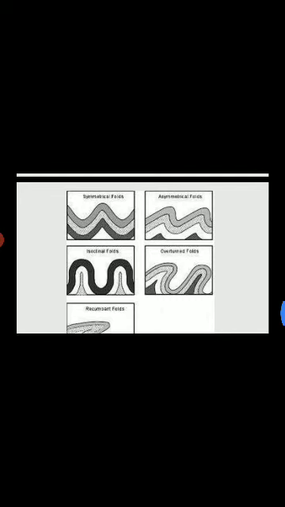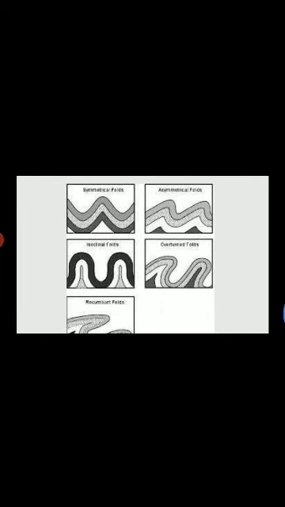Look at these 5 images. These 5 images show the different types of fold. The first one is a symmetrical fold having a vertical axis and limbs equal in length and direction. See, in an asymmetrical fold, the limbs are not in the same direction or the same length.